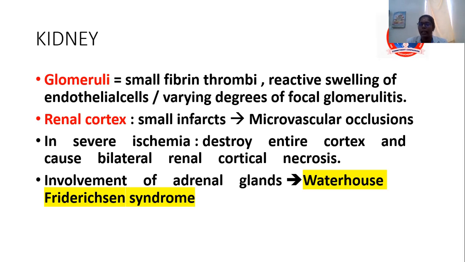In the glomeruli, when you are seeing under the histopathological H&E stained sections, you can see fine small fibrin thrombi inside the loops of the capillaries of the glomeruli, and sometimes you can make out swelling of the endothelial cells.